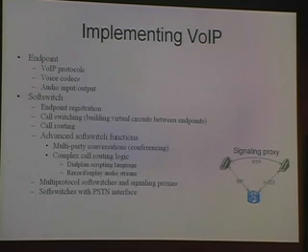The other type of node is the soft switch. The soft switch, or voice IP server, is called that because it functions like a switch in a traditional network. It can do, for example, endpoint registration.